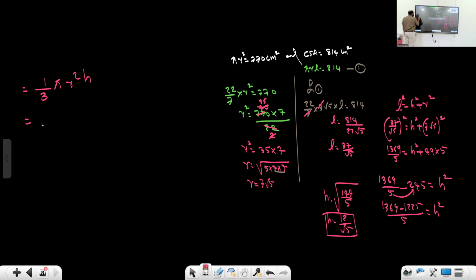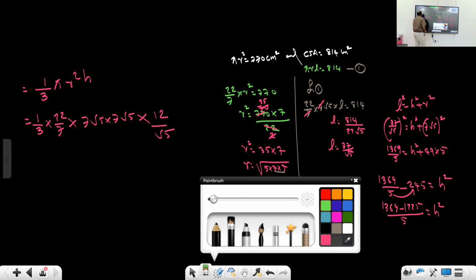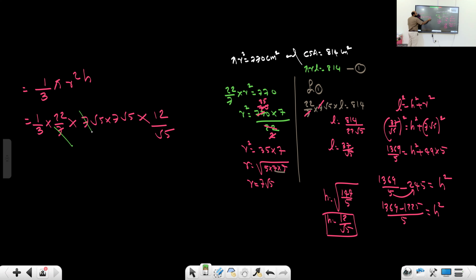Substitute 1 by 3 into 22 by 7. Radius 7 root 5, 7 root 5 into 7 root 5. Height is what? 12 by root 5. This 7 and this 7 cancel. Root 5 also cancelled.